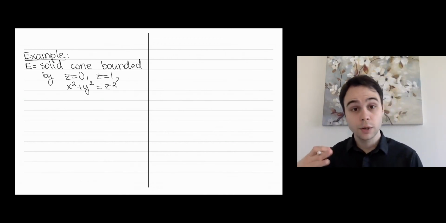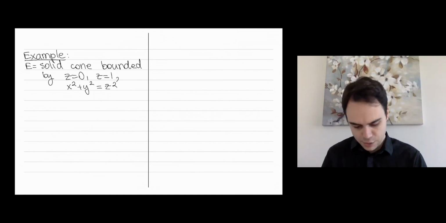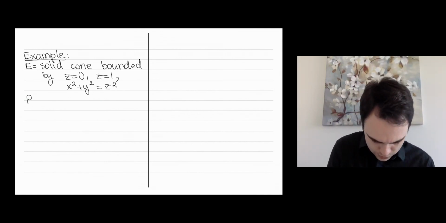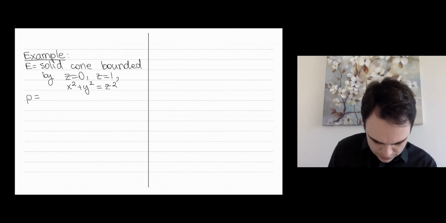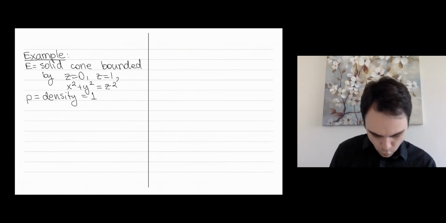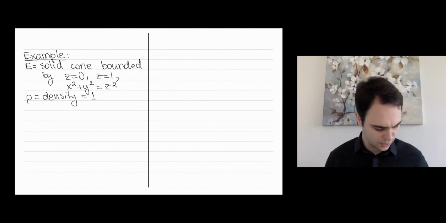Since we're going to compute moment of inertia, the mass is important. I'm just going to say that in the units that we're using for computation, the density is just 1. One unit of mass per unit of volume, whatever units we're working with.